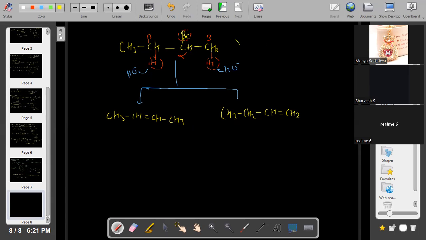This is very important, you have to learn. The reason is that the double bond is in between two carbons, so it is more symmetrical. Always the symmetrical compound is major. This other one is unsymmetrical, so it will be minor. So this is major and this is minor. Got it?